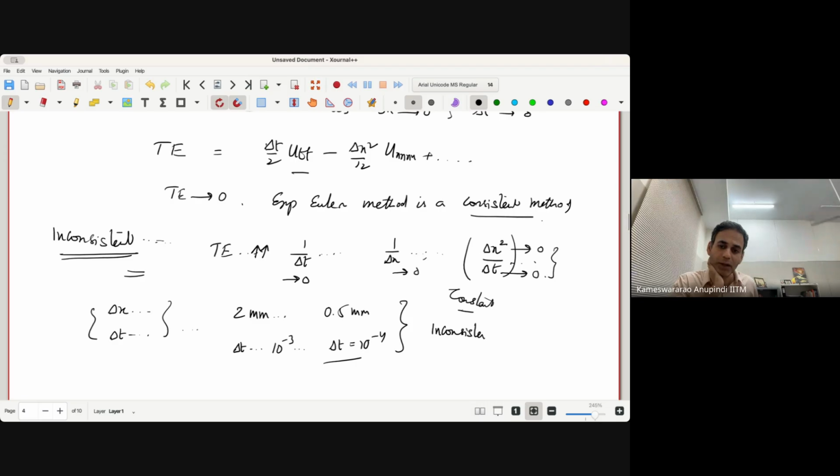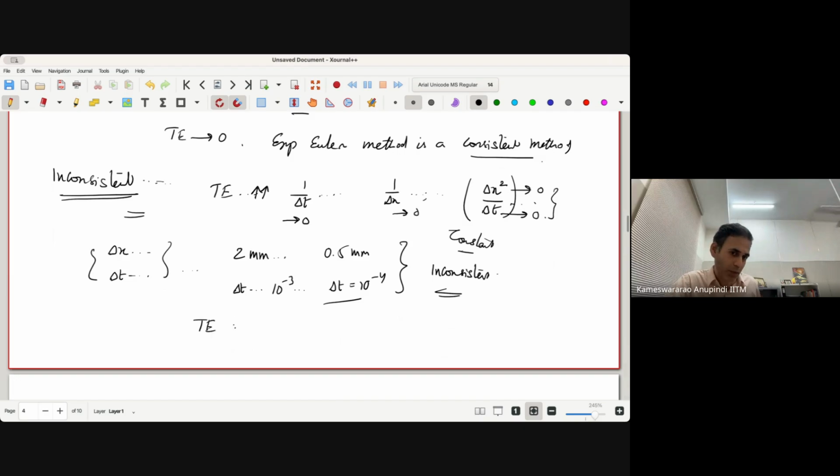Either in the truncation error expression delta t and delta x are not only in the numerator, or there are expressions where you have some delta x by delta t to some power, some exponents, which are basically making your truncation error reach a constant value instead of decaying to 0. When you have such an inconsistent scheme used in the discretization, this is very much possible.